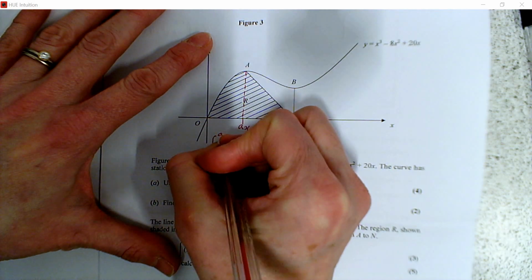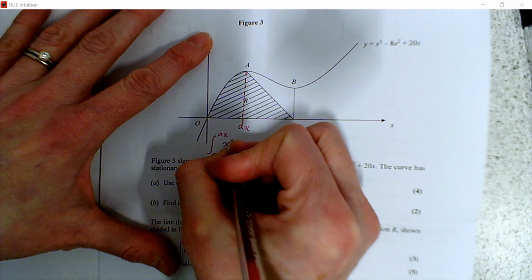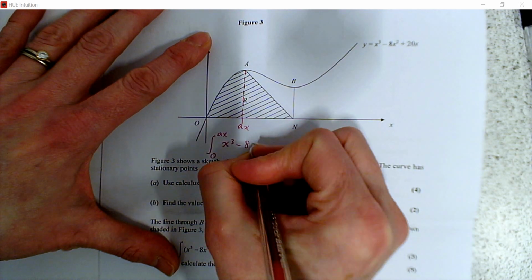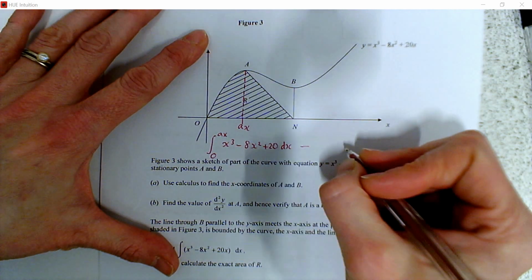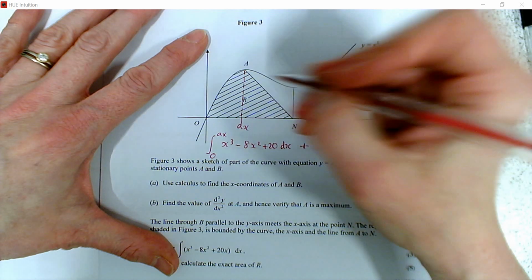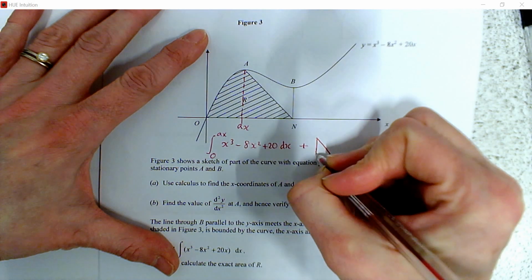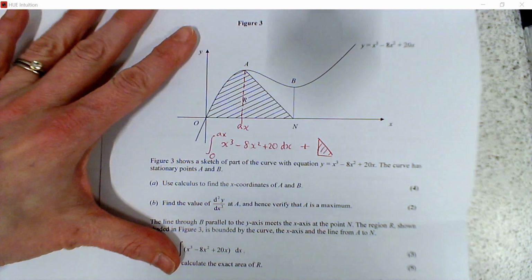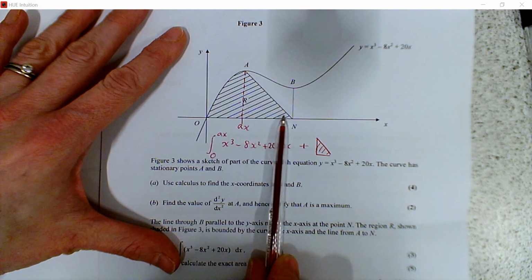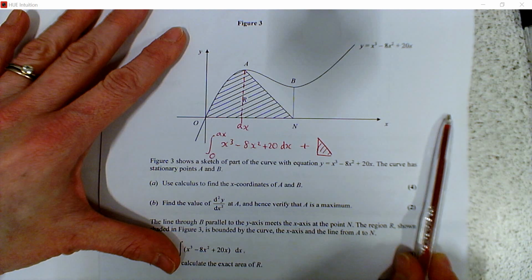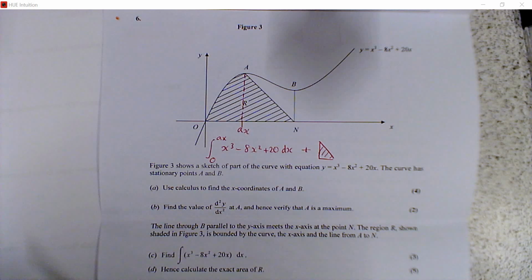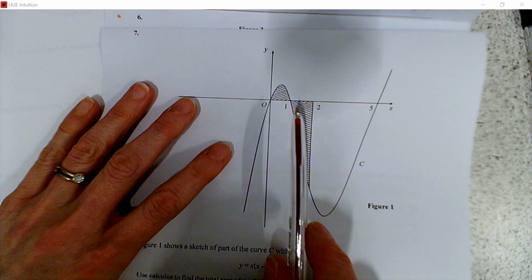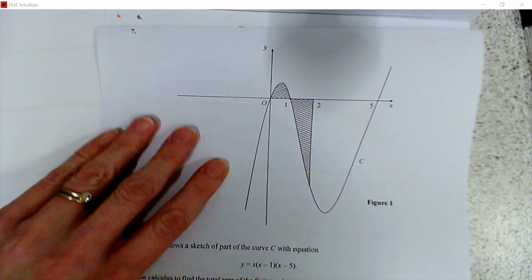So going from 0 to AX of the curve, which is a cubic. Okay, and then we add on this triangle. Okay, and you just add the two areas separately. So if the shape looks like it changes going along the way, you split it into pieces, just like we did with the ones with some above the curve, some below the curve. Okay, so it looks different. We split it into pieces.